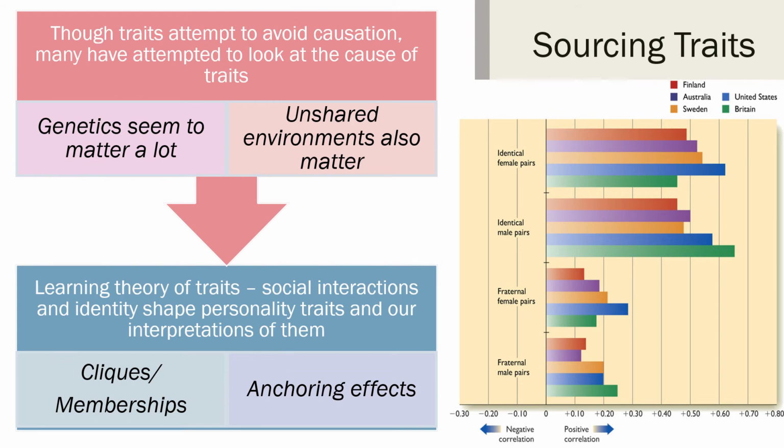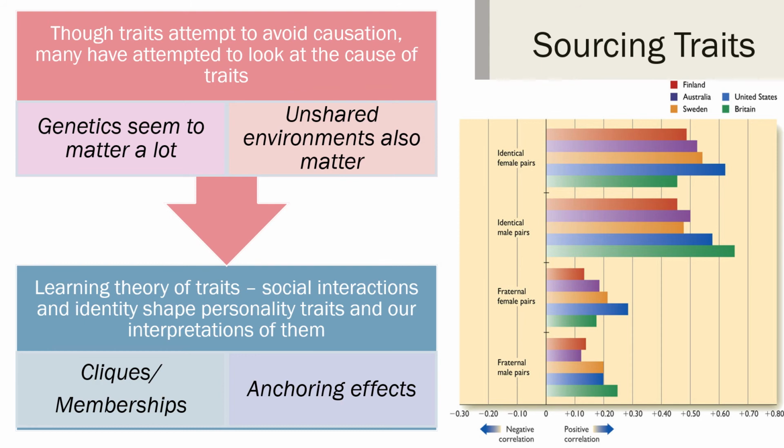And this is something that's led to lots of discussion of another prominent theory in personality psychology called the learning theory of traits, that suggests that as we start to identify ourselves, as we start to identify how we're separate from others, those labels that we give to ourselves tend to eventually segue into the traits that start to become more and more prominent within us.